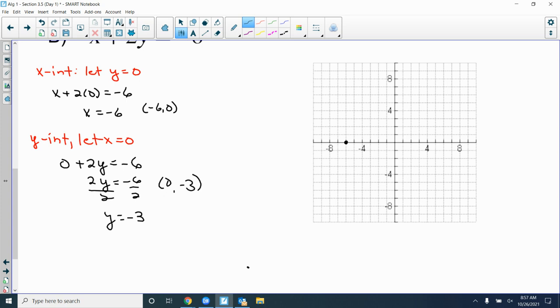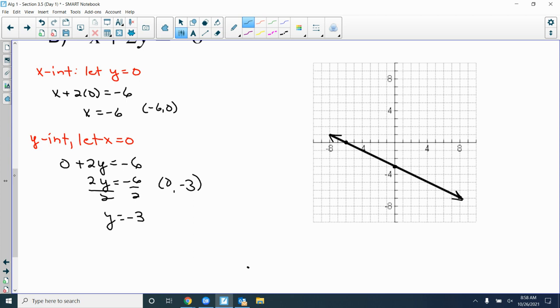So write it as the point 0, negative 3. 1, 2, 3. All right, now I'm going to draw this as straight as I can. Put arrows on it.